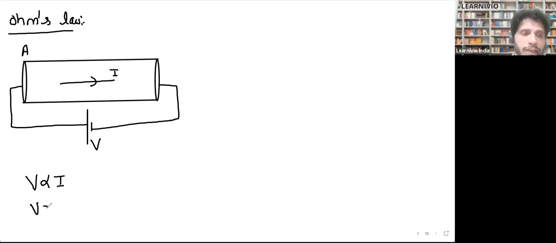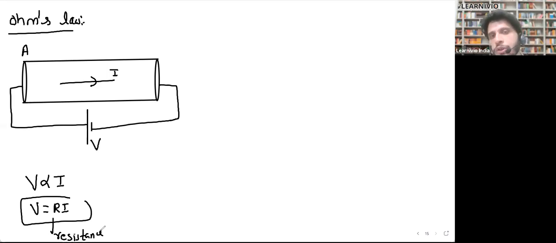When you remove the sign of proportionality, we use a constant R. This R is known as resistance. Here, resistance shows the obstruction offered by the material in the flow of current. So that's the statement of Ohm's law.